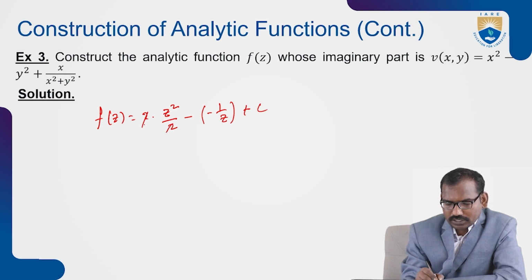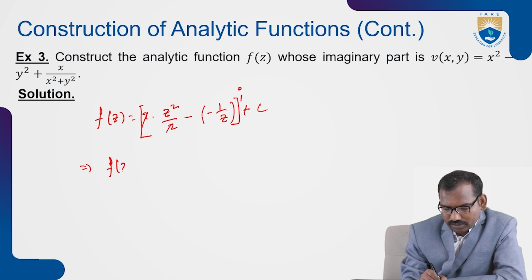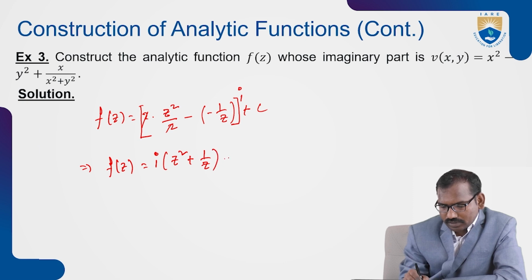So 2 gets cancelled, and the number i is multiplying these 2 terms. So this implies f of z is equal to i times z square plus 1 upon z, plus c.